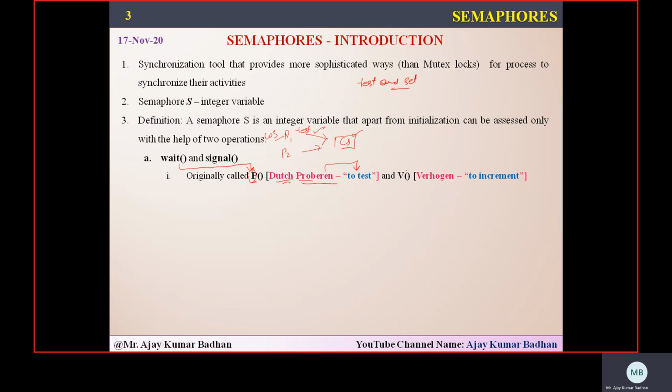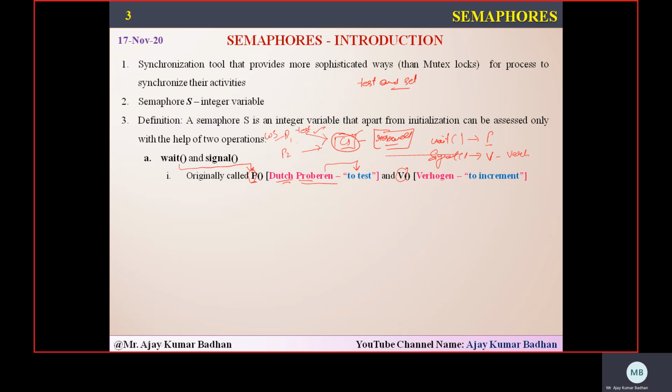Whereas coming to signal, the signal is called V. Remember, the wait operation is represented with the letter P, whereas signal is represented with V. V is nothing but verhogen, which means to increment. Whenever a particular process is using this critical section, there will be instances with respect to resources.